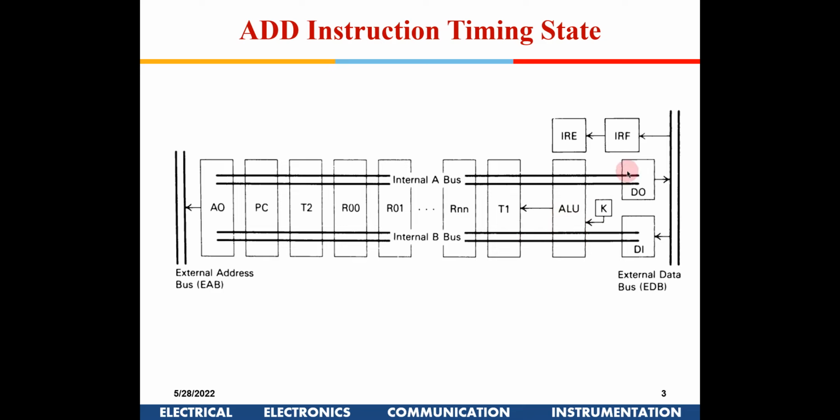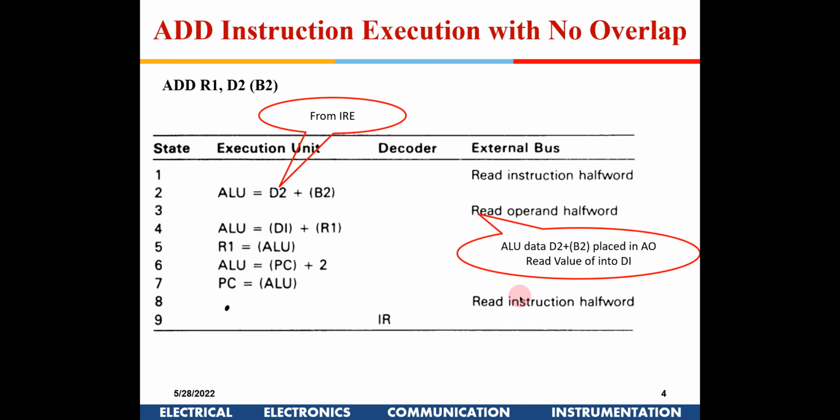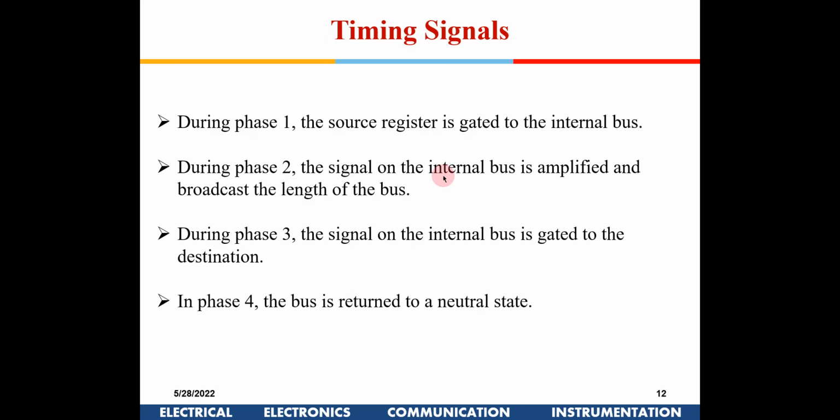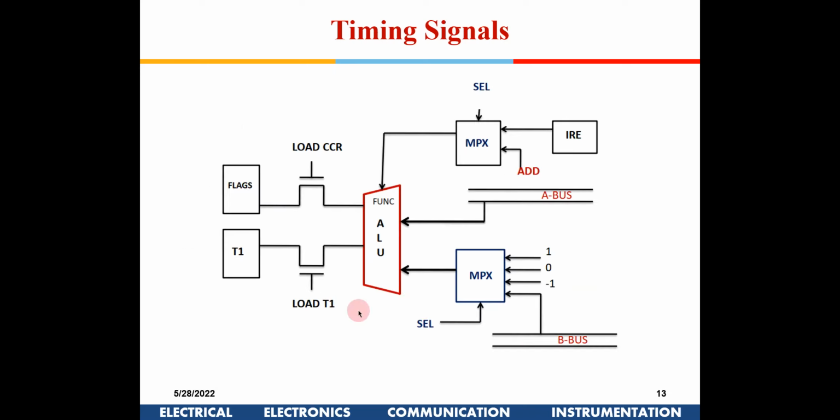It is the same whenever data from DI needs to be brought to the ALU, or from the ALU to T1. In all those cases, a 3-phase clocking signal will be required. With this 4-phase clock, we will see the problems and how they are eliminated.